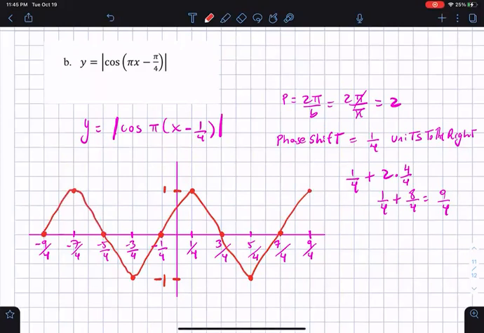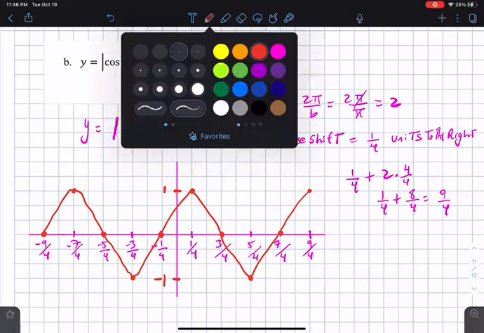Okay, so that's the graph. Now, you're going to ask yourself this question. That graph is done already. The only thing you need to ask yourself is, well, this is the absolute value of this function, right? So whatever is negative, or below the x-axis, basically has to be reflected in a positive direction.